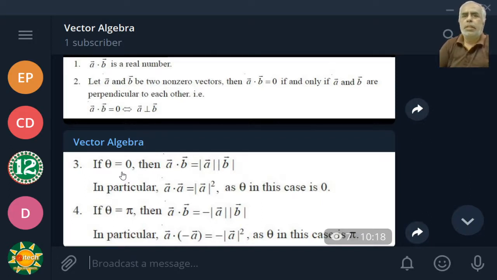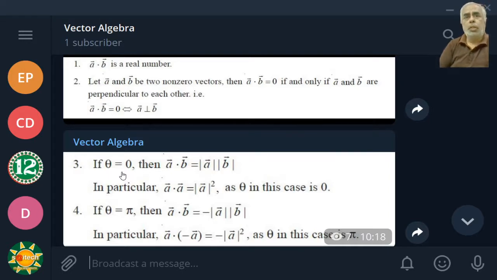In that case, cos 0 is equal to 1. It means vector A dot vector B is equal to the product of their magnitudes, that is magnitude of A into magnitude of B. Do you understand this?